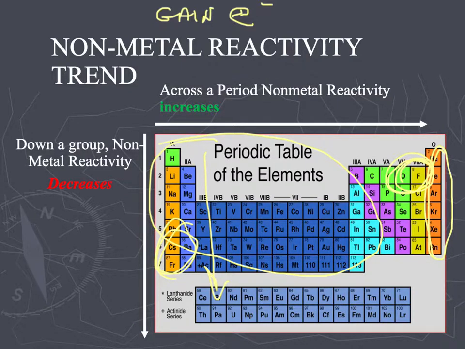So if you can understand that the trends for metals and non-metals are basically opposite of each other. Now we're increasing the desire to gain electrons, and then decreasing the desire to gain electrons. Even though lithium still doesn't want to gain electrons, it will gain electrons much more easily than things like francium and cesium.